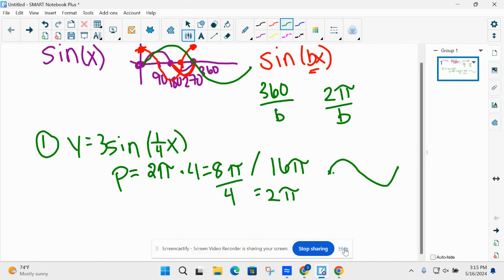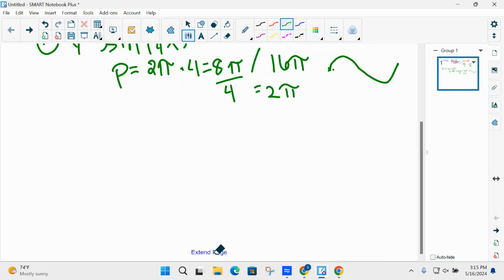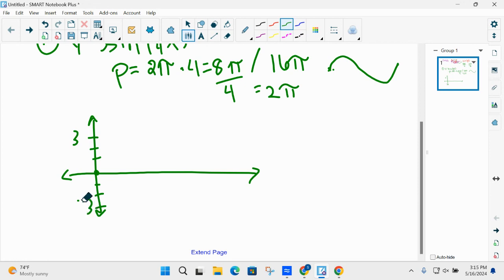Okay, so I'm going to extend this page and then make my graph. So I'm going to start at 0, and then we're going up 3 units because the amplitude is 3. Always label your x and y axis and label the interval that you decided on. So since our intervals are 2 pi, I'm going to go ahead and make this every pi.